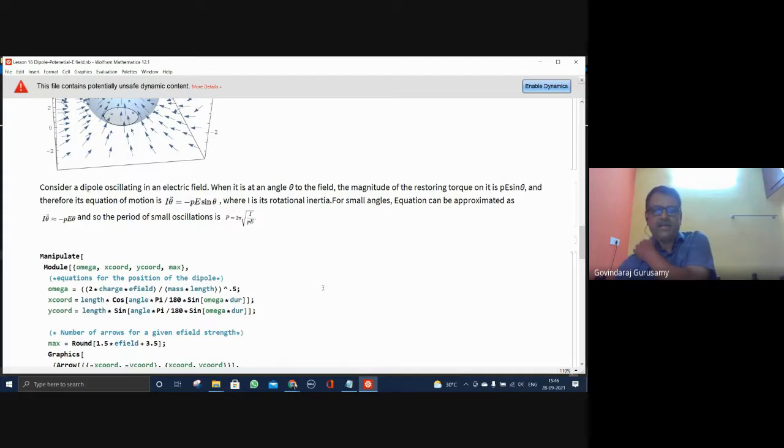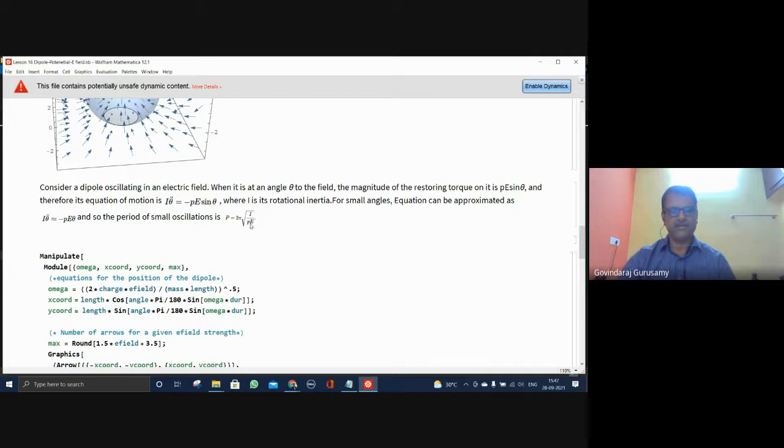Here I is the rotational inertia. For a small angle, the equation can be approximated to this. Sin theta can be written as theta, and this gives the time period of small oscillations.